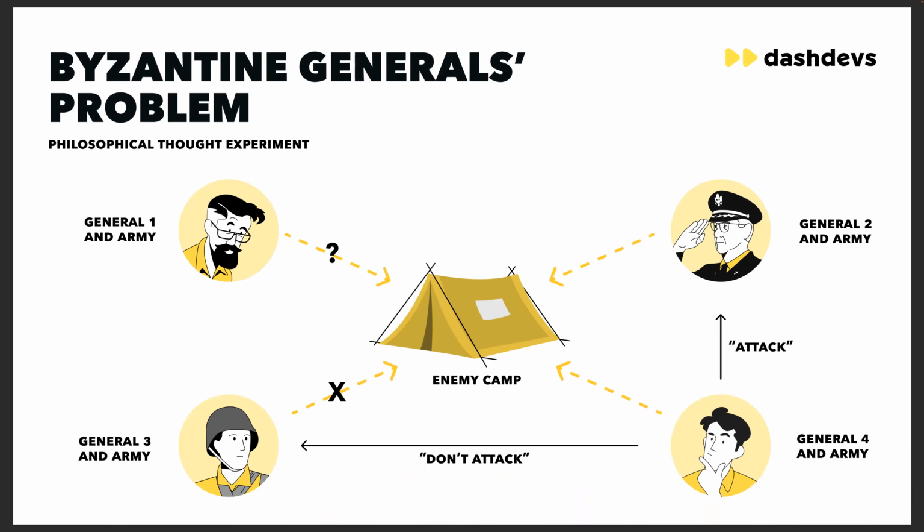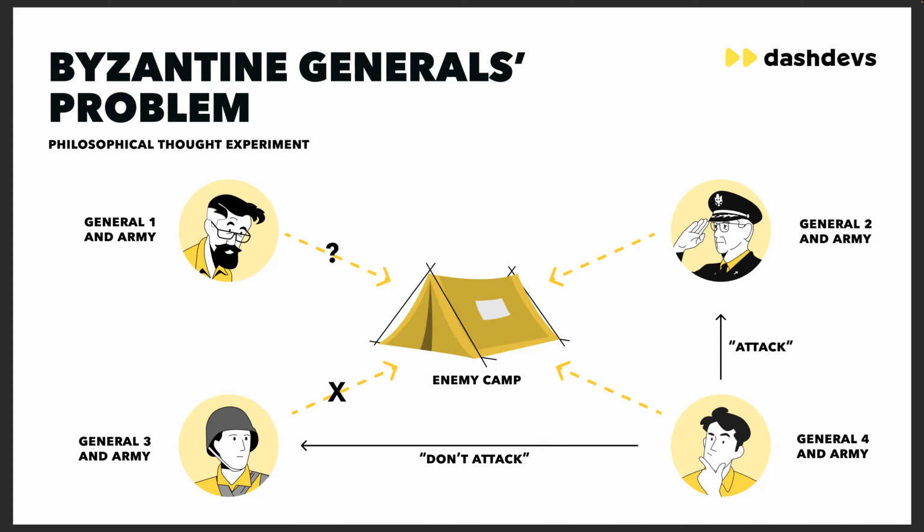So this thought experiment introduced the concept of an army that surrounds a city, like the enemy camp on this slide, with 4 generals. Each general in command of their respective divisions must anonymously agree to either attack the city walls, or these camp walls, or retreat from battle.